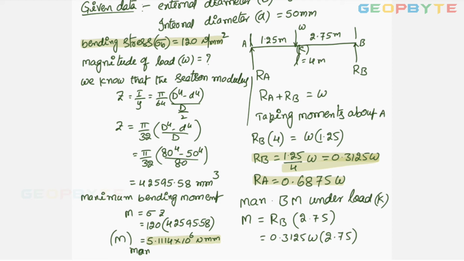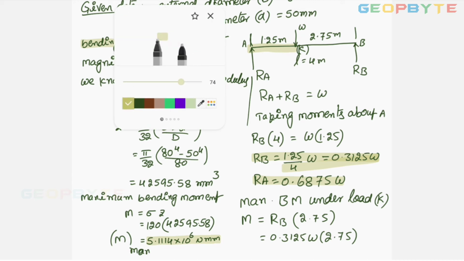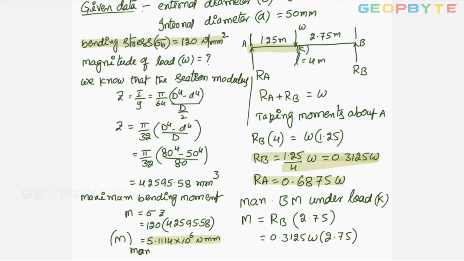The maximum bending moment is found at the load point only. At the load point, you can take either RB into 2.75 or RA into 1.25. Both give the same bending moment.